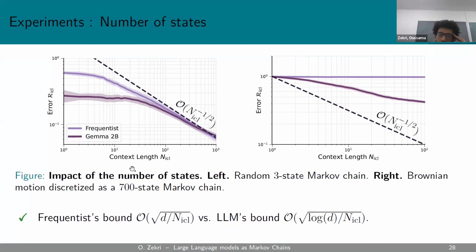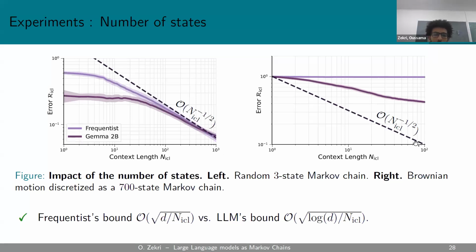And on the left, we used the two approaches with a 3-state Markov chain, d equals 3, and as you can see, it is roughly the same when NICL is high.